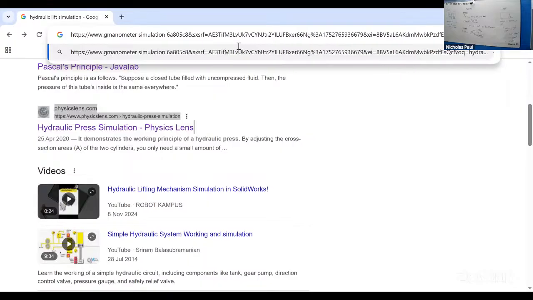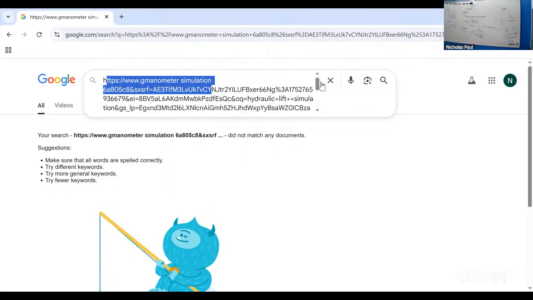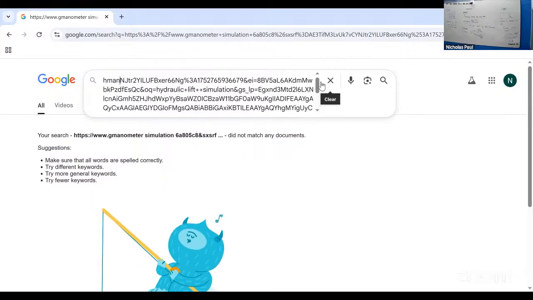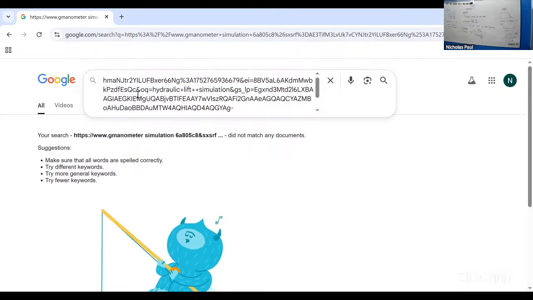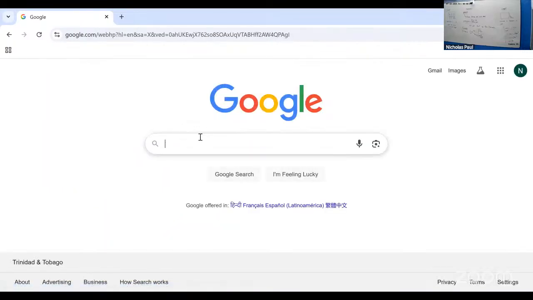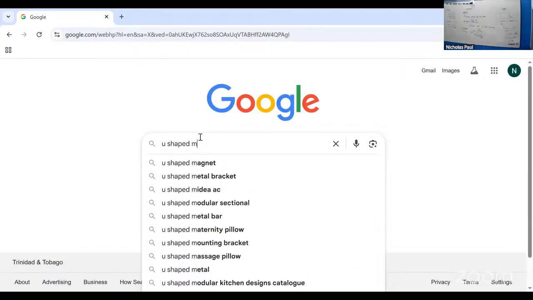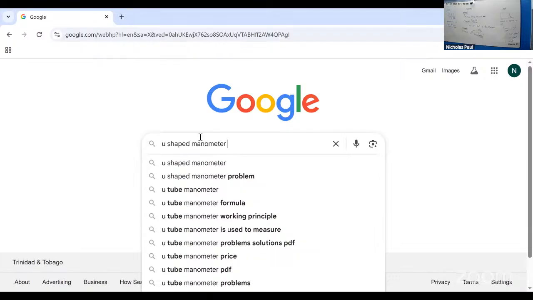So what you will see is sometimes they have devices that can measure pressure, called a manometer.